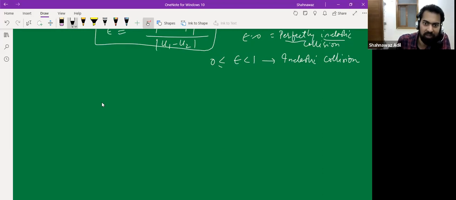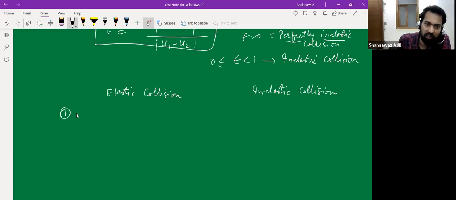So what is the concept of this elastic collision and this inelastic collision? What are the physics involved in the elastic and the inelastic collision? Right. So in this, the linear momentum is constant. We are not talking about the rotational part, so we are talking about the linear momentum.